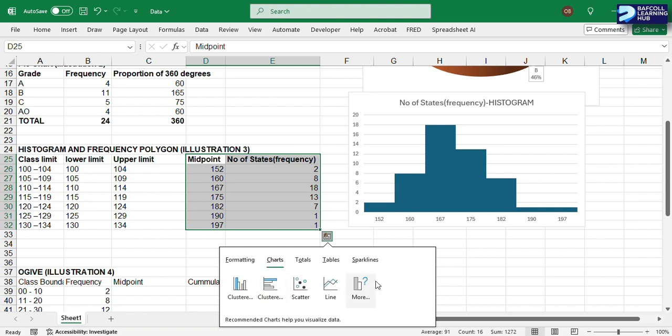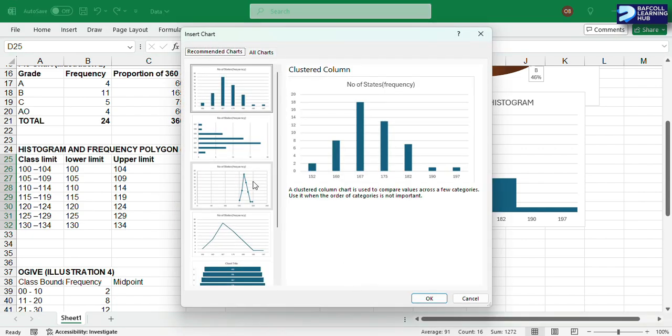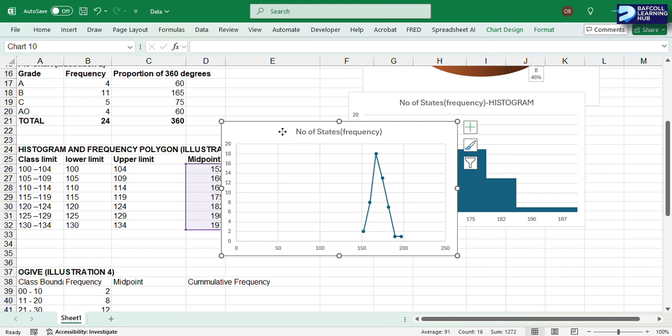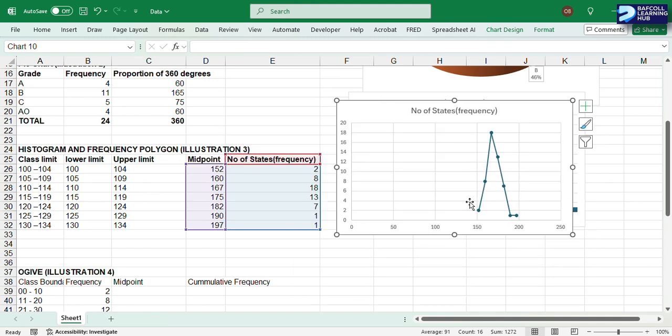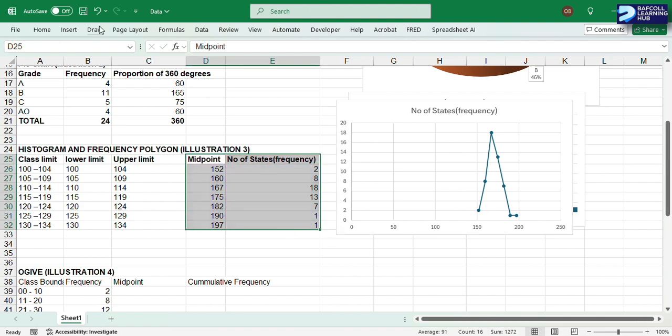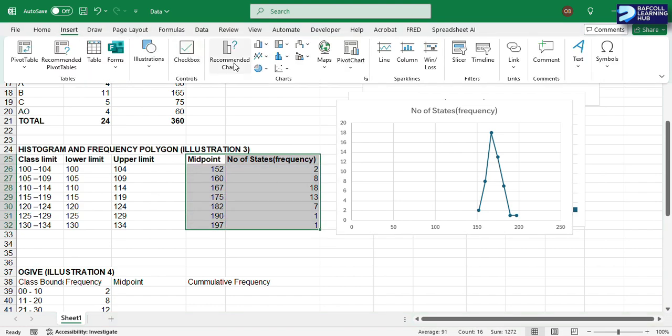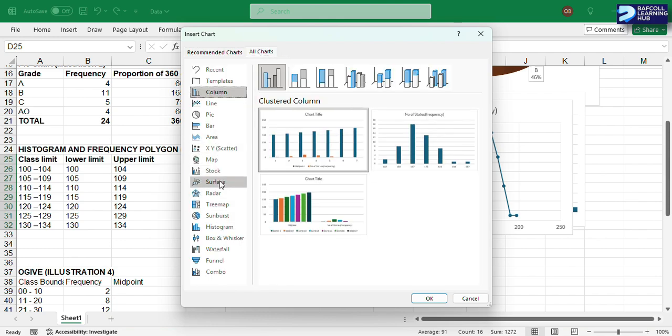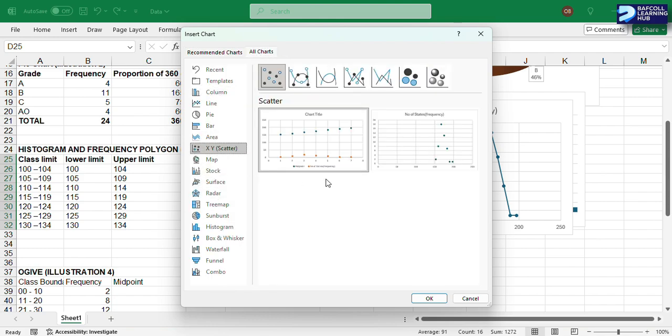So I'll come to my chart. As you can see over here, just like the first one that I presented, the points. Let me put that one up, the scatter.